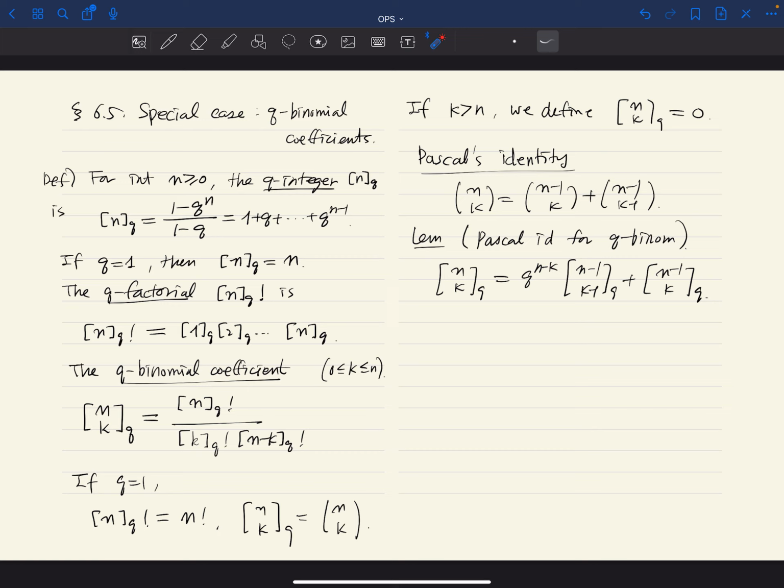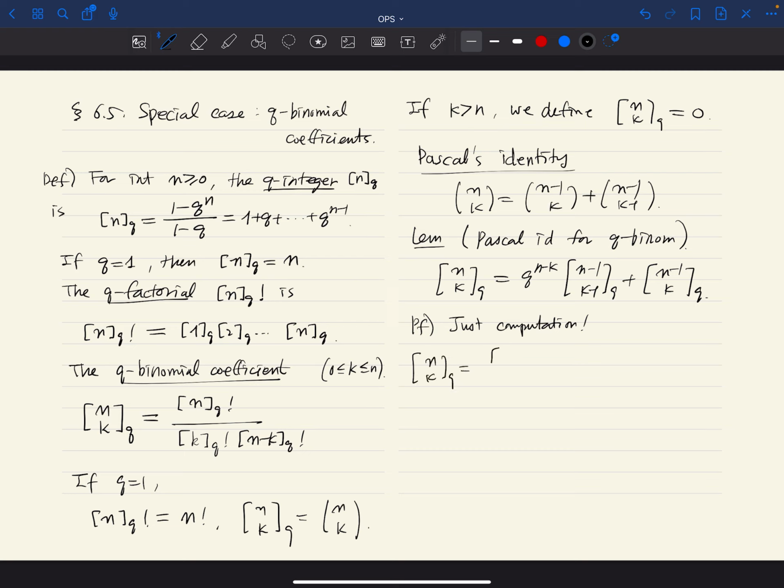All right, proof. Just like Pascal's identity, using just this definition, this is immediate, just a computation. Okay, let's do it.